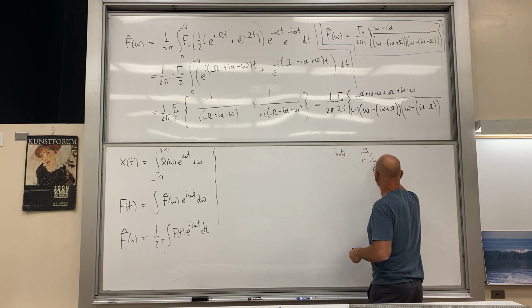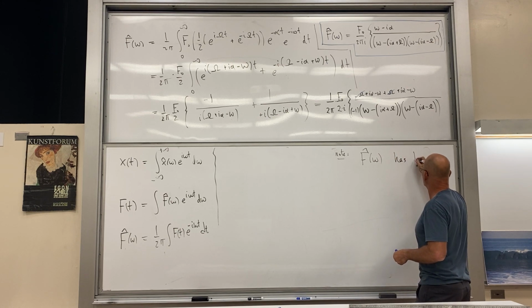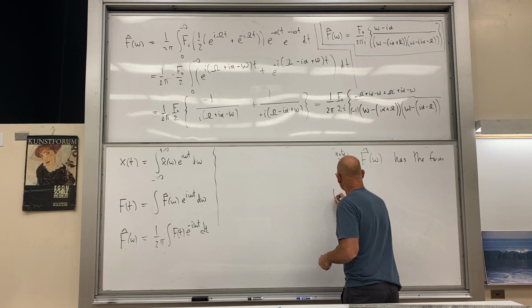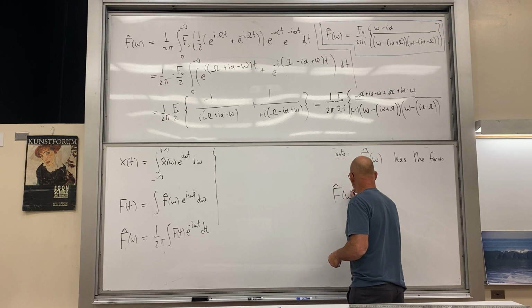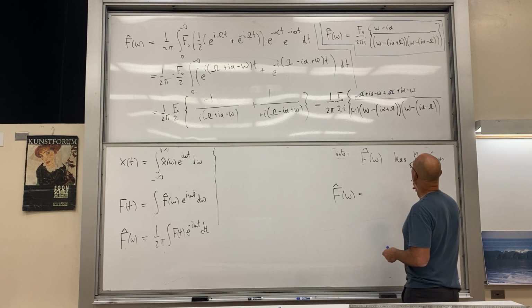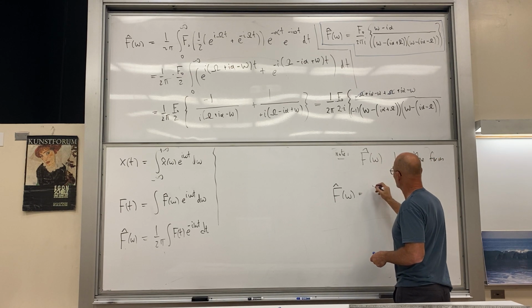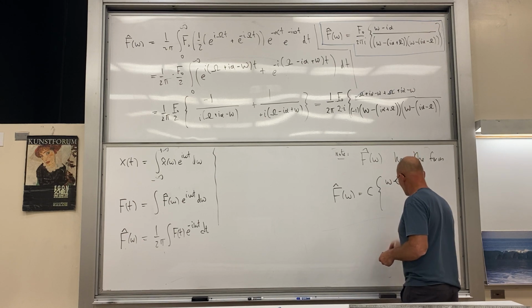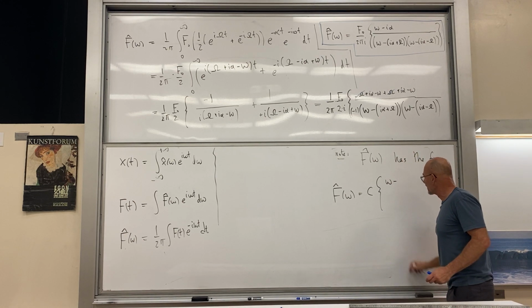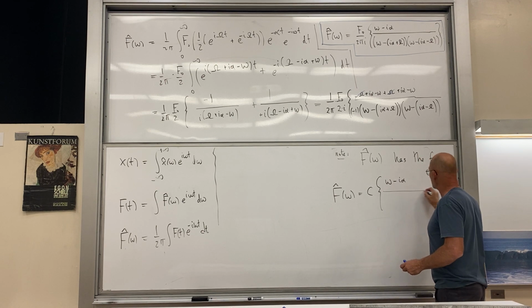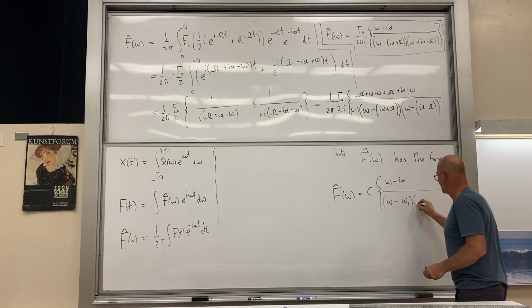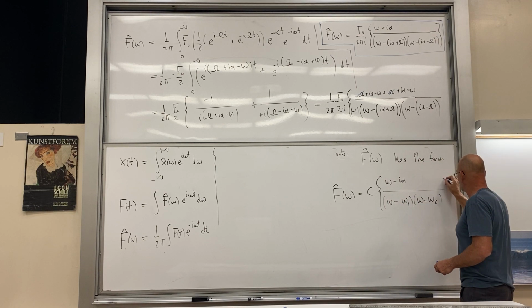F hat of omega has the form some constant times omega minus i alpha, but the denominator omega minus omega 1, omega minus omega 2. Okay.